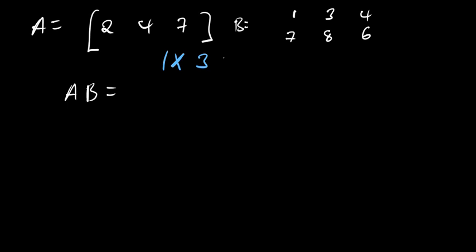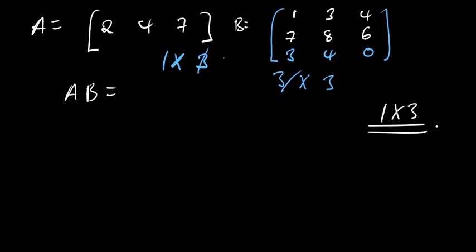So here I'm going to add the 3, 4 again, then I put 0 here. So this is 3 by 3. So these will cancel. Your answer you are going to find is going to be 1 by 3. So go ahead and try to find the answer, and the answer should be 1 by 3 matrix. Okay, so this is what we need to know when it comes to multiplication of a matrix.